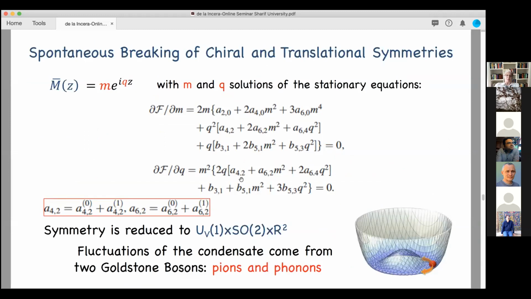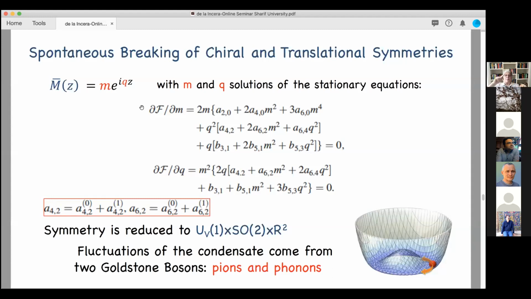The background has a condensate that, because it's e to the i kz, if you move in the z direction, the condensate is larger and then smaller, like a wave. That's what is called a chiral density wave. But if you move in the other directions, nothing changes.